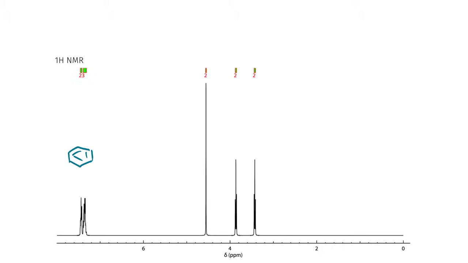Is that little number on top. 2 and 3, okay? The full ring should have 6. If we have 5, that means we have some sort of substitution on the ring. Okay? Which then also makes those that are closer to the point of connection one type of protons, and those that are farther, they would be different. Okay, so that's why 2 and 3. Okay, so far, so good.